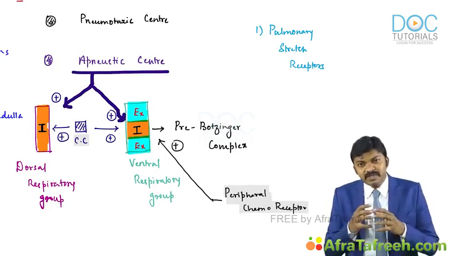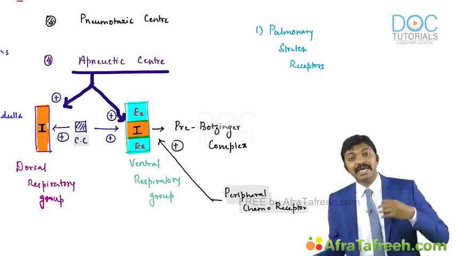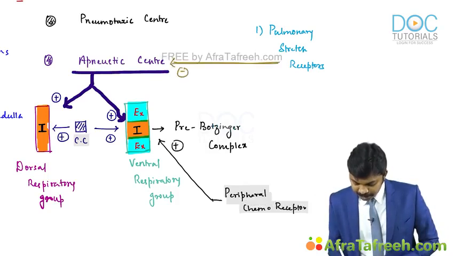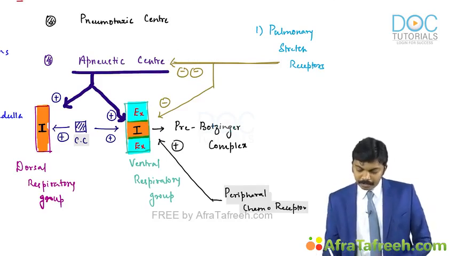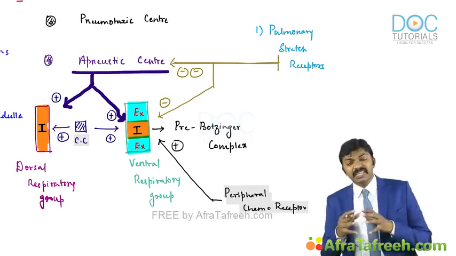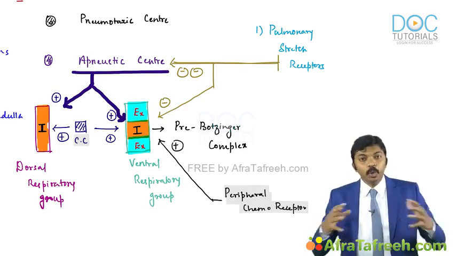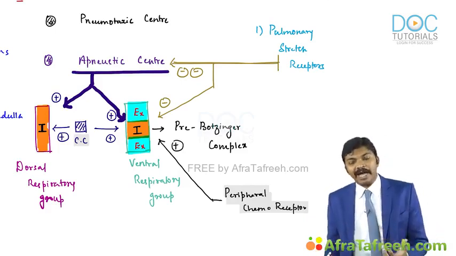When they sense extreme stretch of airways, they in turn produce an inhibitory efferent, and this inhibitory efferent goes to apneustic center, inhibiting apneustic center, as well as inspiratory neurons. When pulmonary stretch receptors sense extreme stretch of airways, in turn the lung, because of over distension and hyperinflation, these receptors get activated.